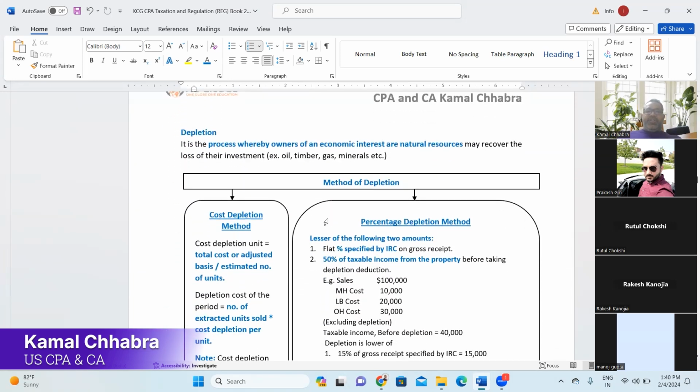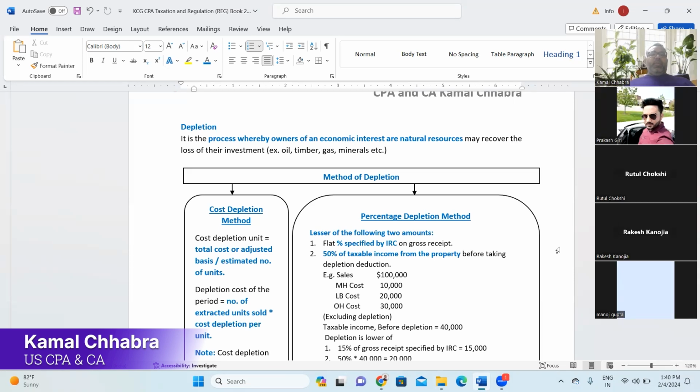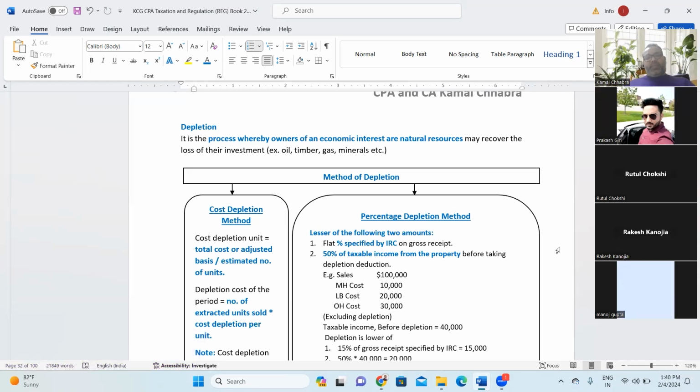Next is depletion. So far we have covered depreciation and amortization. Depletion is for natural resources, right? It is a process whereby the owner of an economic interest in natural resources may recover the losses of their investment. For example, oil, gas, minerals, coal, etc. Right?